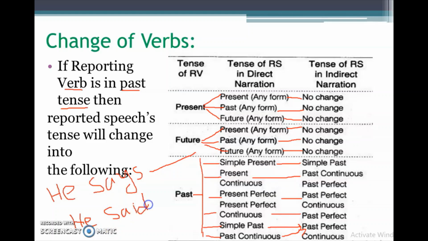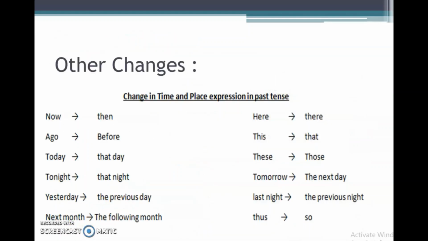So it's very simple. We have to look at the sentence. If a sentence represents present tense or the future tense, then we will apply all the basic changes except the change of verb or tense. If there is past tense, then we must apply all the basic 5 rules that we have discussed in this video. Let's move towards the next slide, that is other changes.